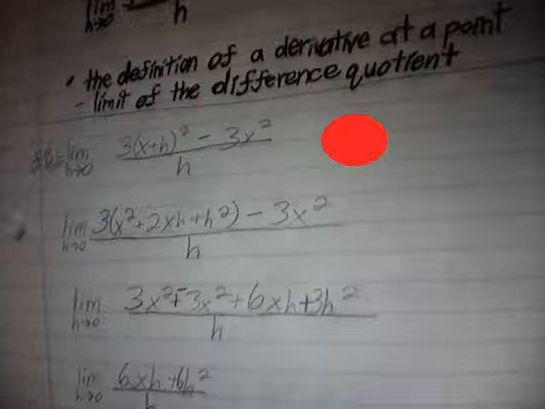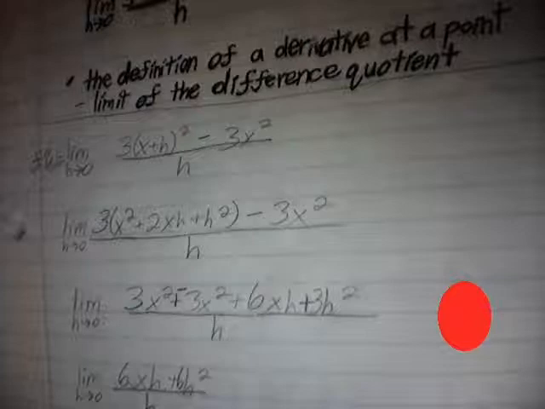So, hopefully we'll be able to cancel something out by multiplying out x plus h squared. When we do that, we get 3 times x squared plus 2xh plus h squared minus 3x squared all divided by h. Now, by using the distributive, associative, and commutative properties, we can simplify this even further to get 3x squared plus negative 3x squared plus 6xh plus 3h squared.